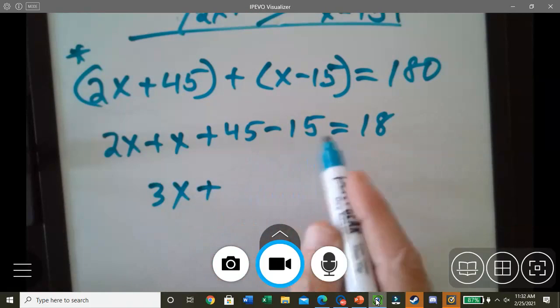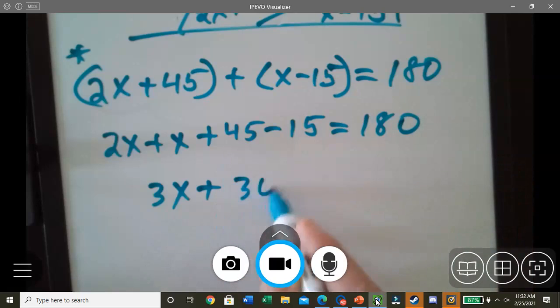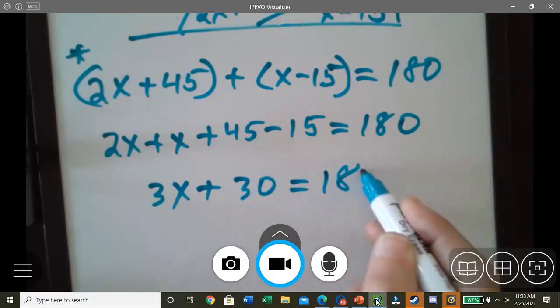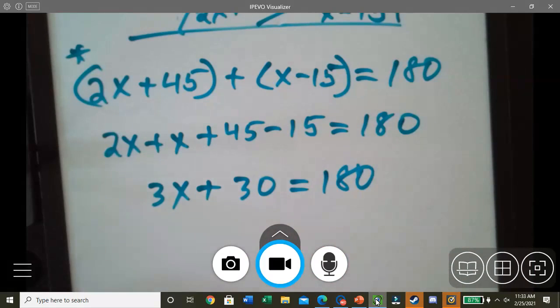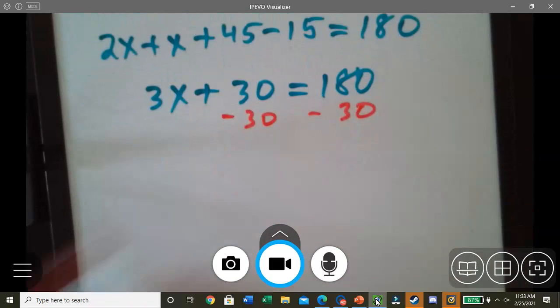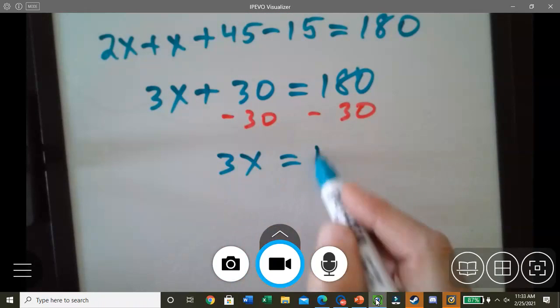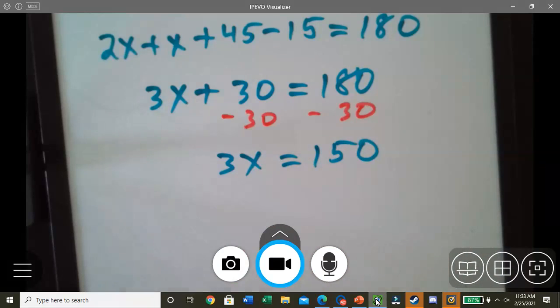And then 45 minus 15 is 30, right? Equal to 180. All right, now what? Okay, minus 30, minus 30. So that's going to give us 3x equal what? Yeah, 3x equal to 150.